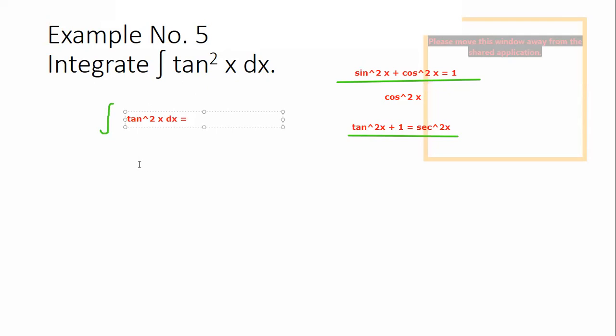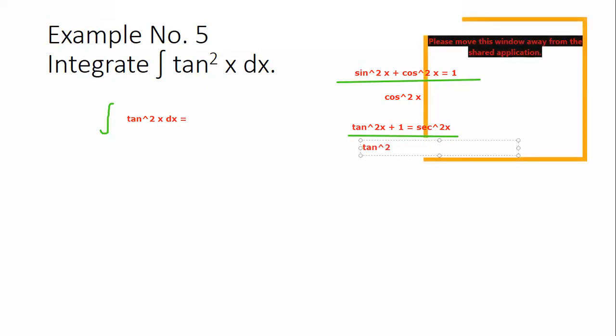We're going to subtract 1 from both sides of the equation, so tangent squared x equals secant squared x minus 1. This is the trigonometric identity we're going to use for tangent squared x.